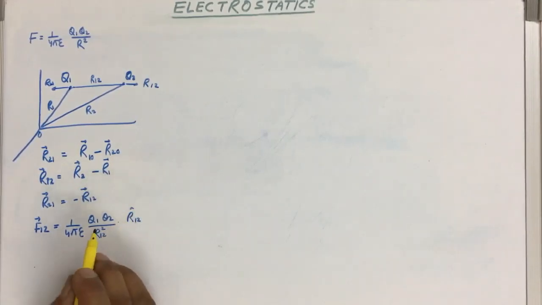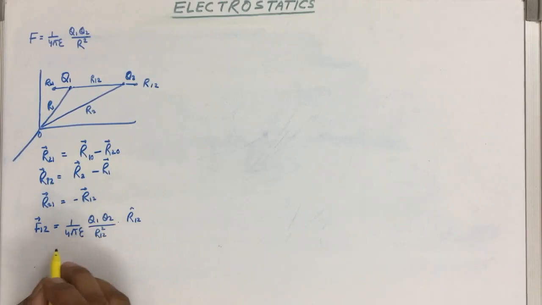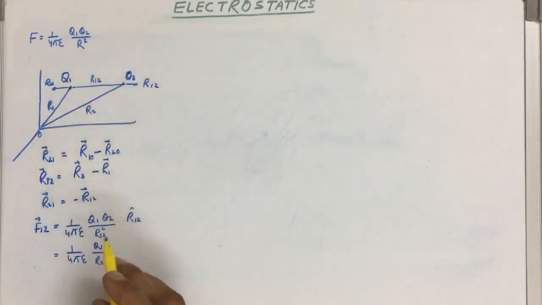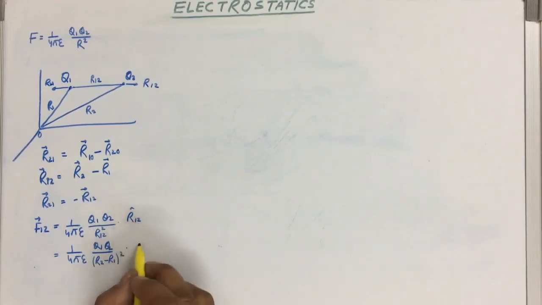If we further simplify this, then we find 1 by 4 pi epsilon Q1 Q2 over R12, which can be written as R2 minus R1 whole square, multiplied with R12 unit vector, which can be written as the R2 minus R1 vector divided by its magnitude.